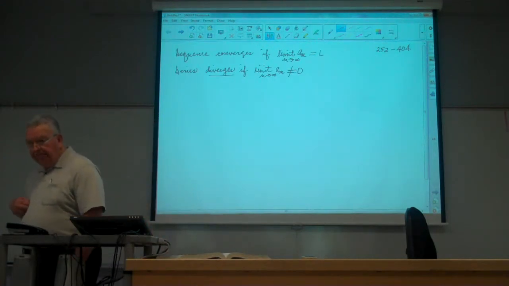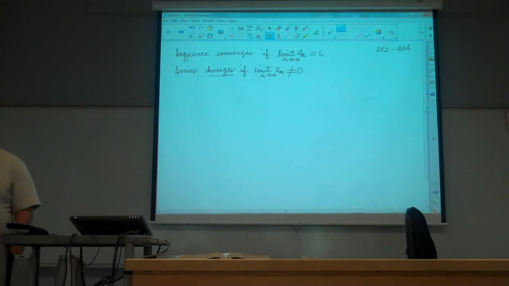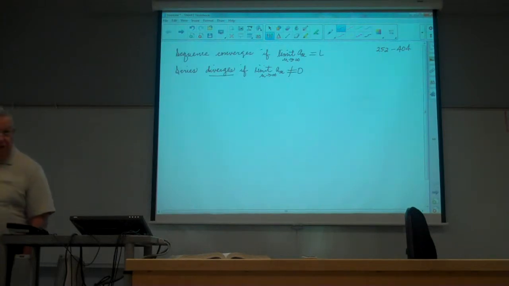So what that means is, when you're looking at an infinite series and you take the limit of the nth term, if it is not equal to 0, stop right there and tell me it diverges. And remember, you're going to have to tell me why, right? It diverges because the limit is not equal to 0. Okay? That's real handy because it eliminates a whole bunch of series right off. Do you see what I'm saying? No further tests.